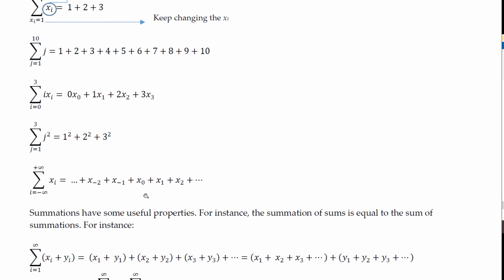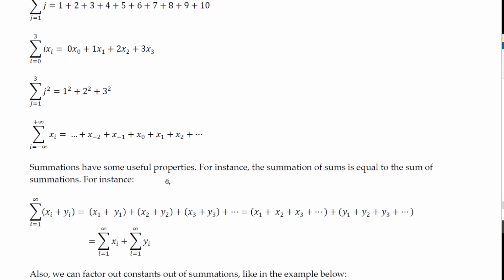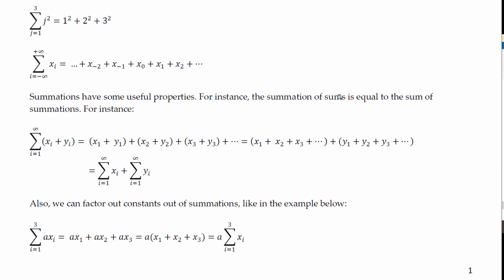Now, summations have some useful properties. For instance, the summation of sums is just the sum of summations. In this example, I am summing x_i plus y_i, where i is changing from 1 to infinity.